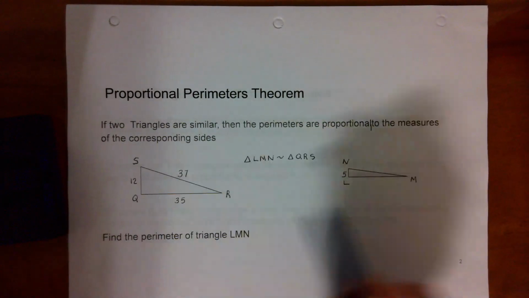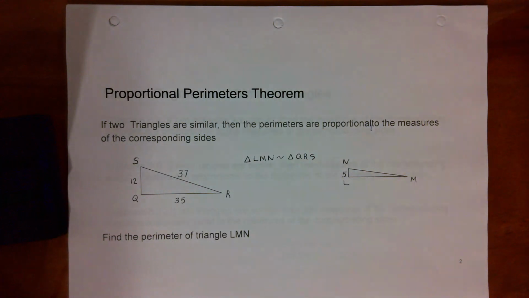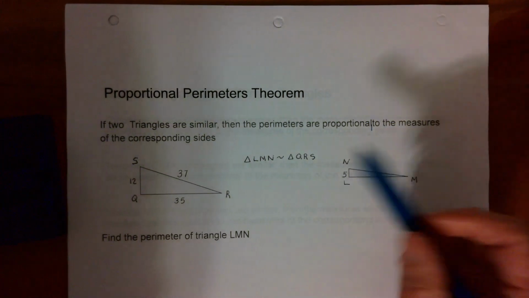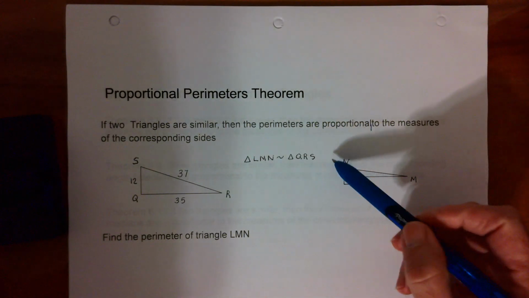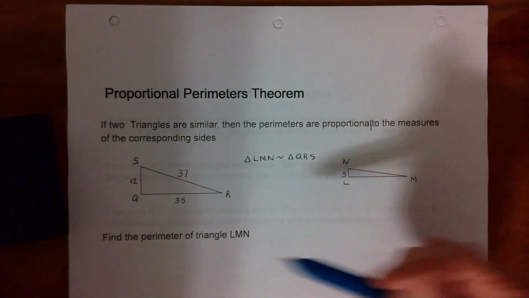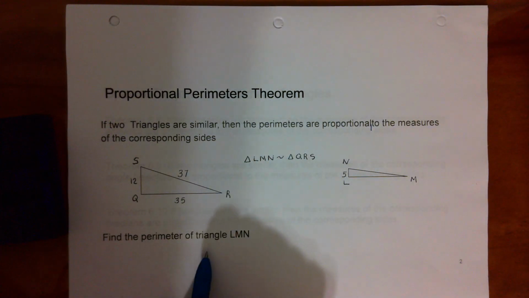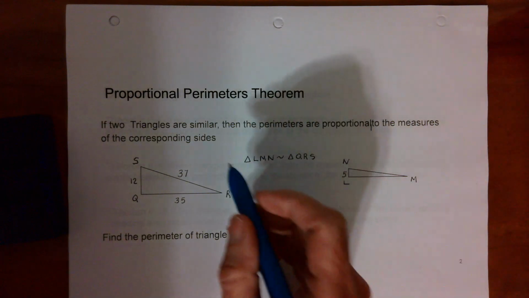So if I have these two triangles right here, and they tell me that triangle LMN is congruent to triangle QRS, and they want me to find the perimeter of this little triangle.